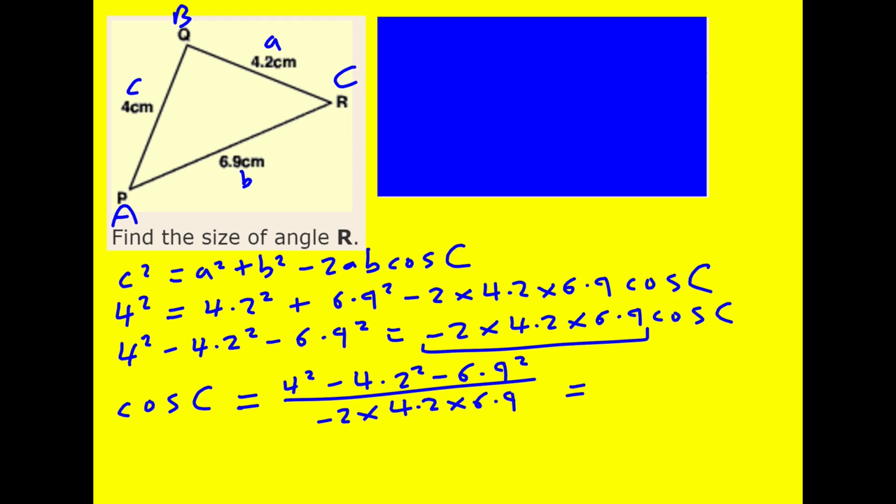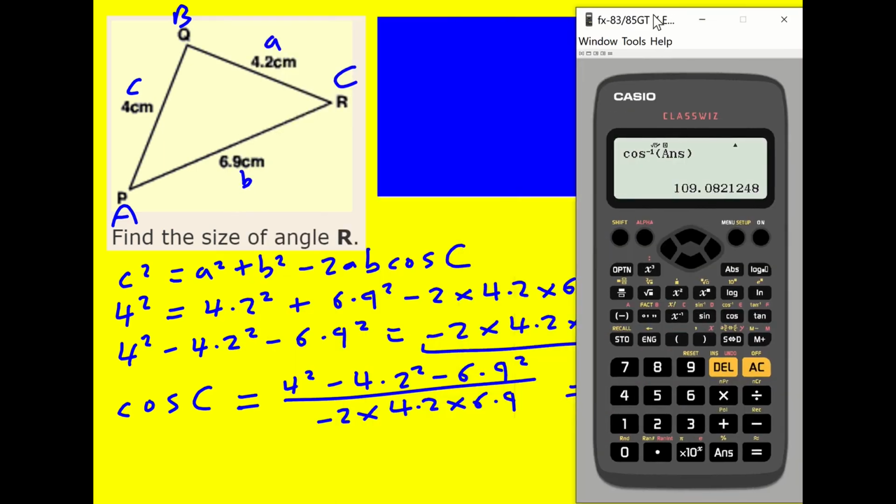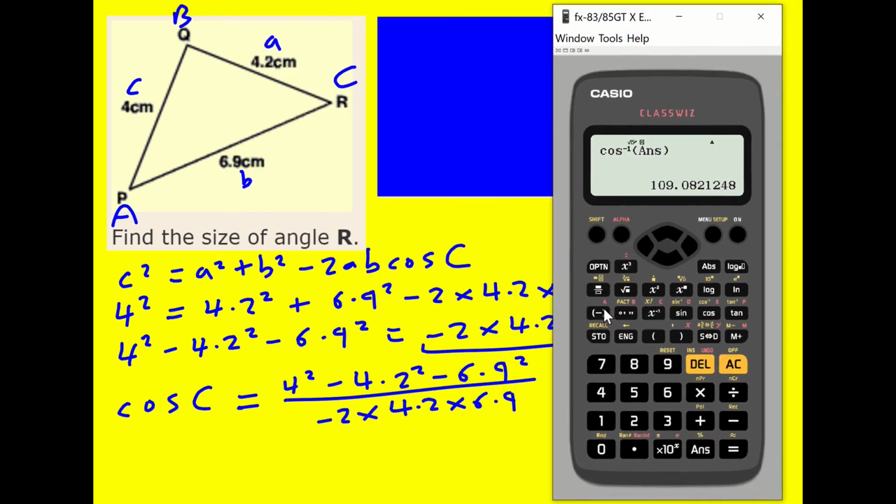Okay, nice. It's a bit complicated, but hopefully those steps make sense and I can just substitute in. That's my cos c.